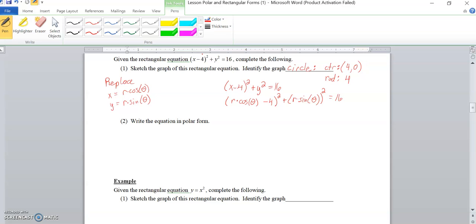So r cosine theta minus 4, quantity squared, is r squared times cosine squared theta. That's our first term squared. Then minus 4 r cosine theta minus another 4 r cosine theta, so minus 8 r cosine theta.